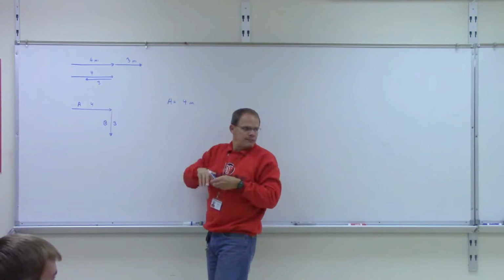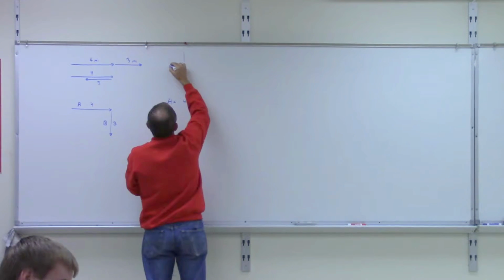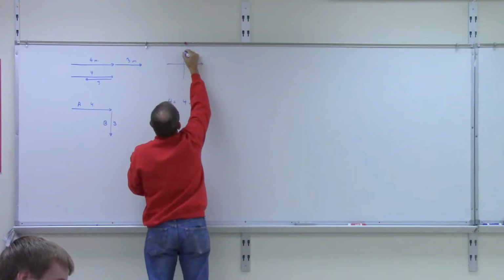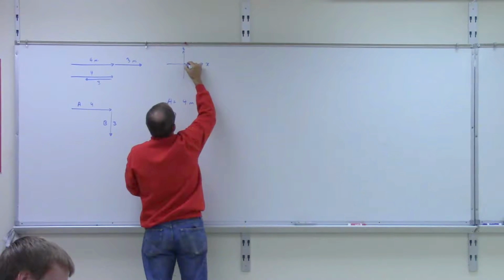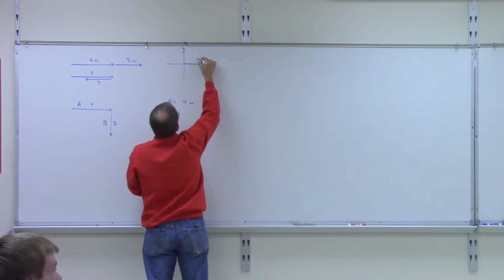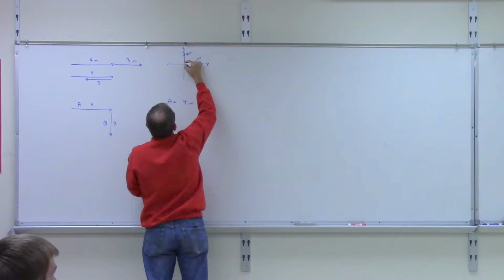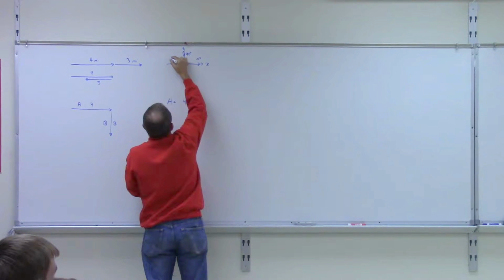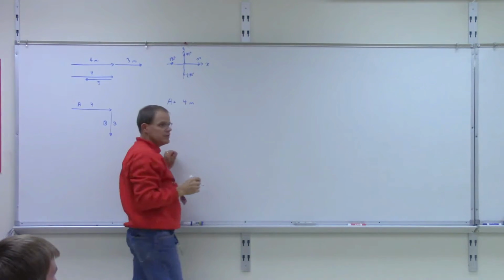And what if it was going this way? Be 180, right? So we're going to use the following convention for directions. When you think about the Cartesian coordinate system, here is x and here is y. We're going to call this 0 degrees. That, of course, would be 90 degrees. This would be 180 degrees. And if we went straight down, this would be 270 degrees.